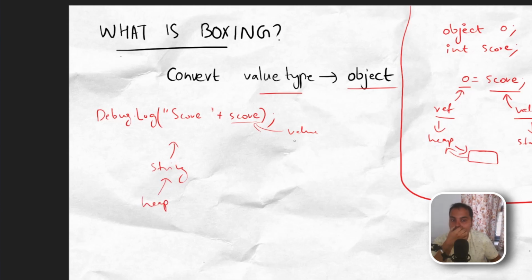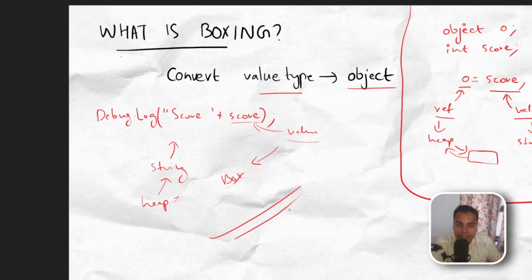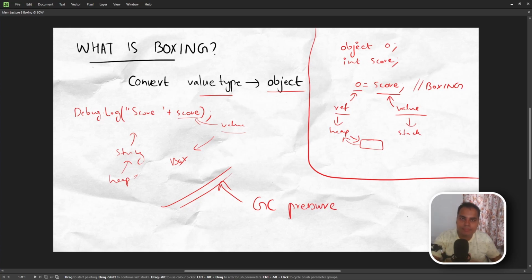Now again, you are converting this value type into a heap. So this will lead to boxing. Now, if such code is being run continuously, then it leads to GC pressure, or allocation pressure, and that will cause spikes. Okay, so boxing is very important to look into.